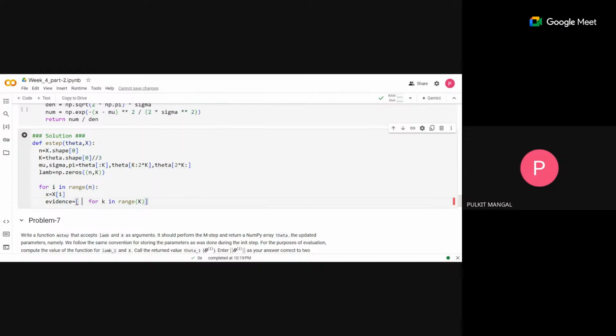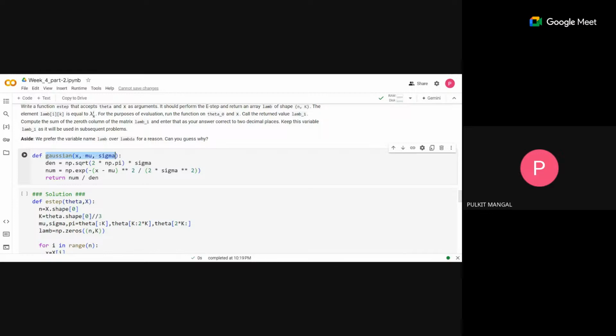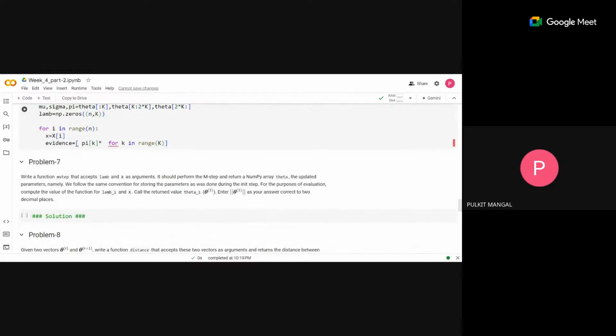What we have to do is take pi k into n k, where n means the Gaussian function, and we need to take the mu k and sigma k. Is this part clear?